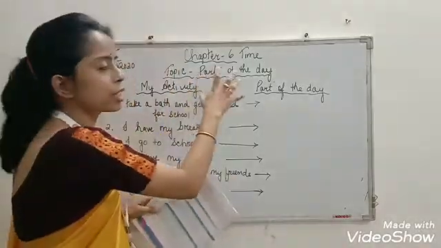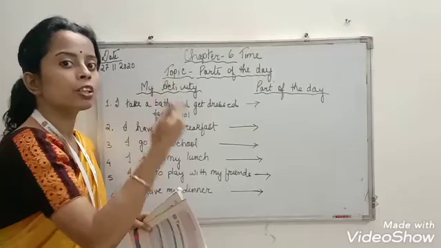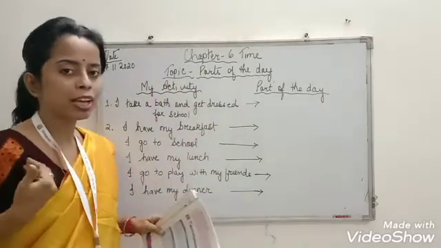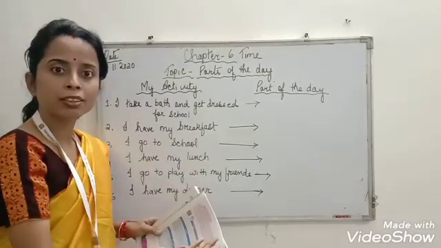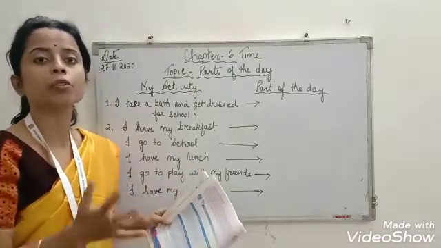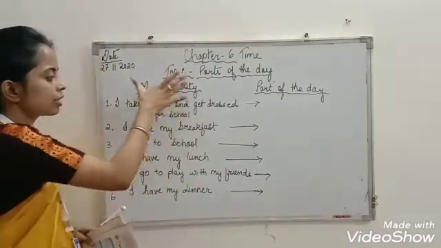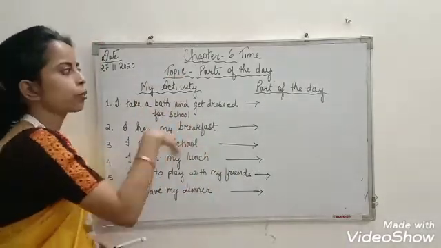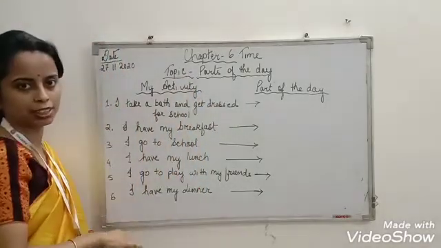Then we learned the parts of the day: morning, noon, afternoon and evening. One day is 24 hours, and a timeline is a number line on which time is shown. Now these activities are given, and we are going to find out in which part of the day we do them.